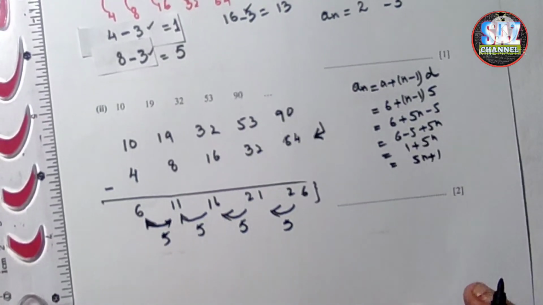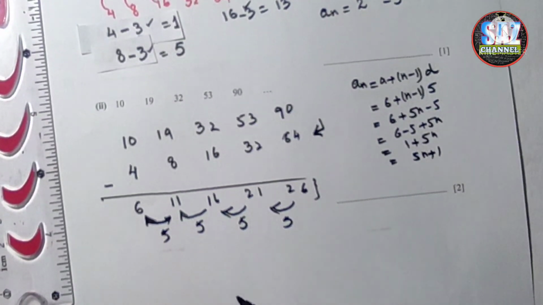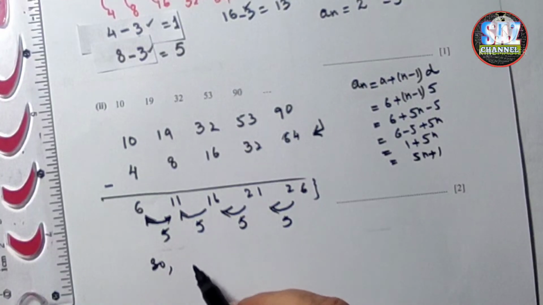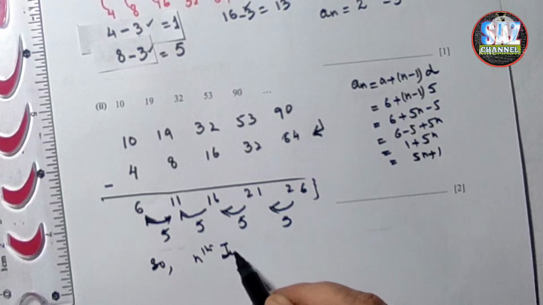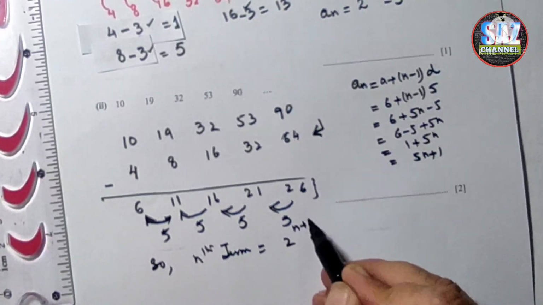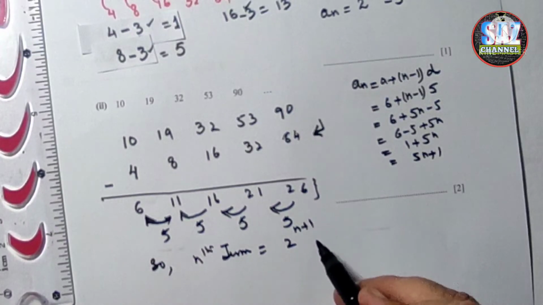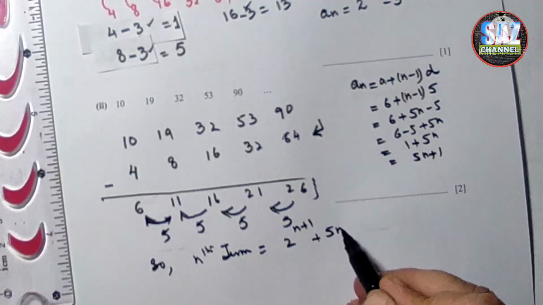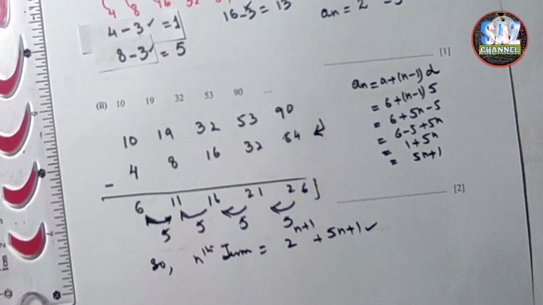So the nth term, the expression in terms of n, will be equal to 2 raised to power of n plus 1 plus 5n plus 1.